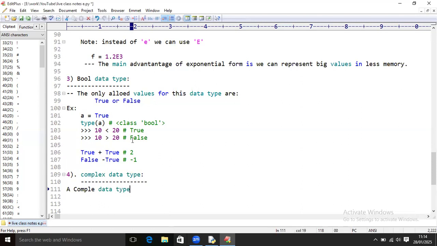A complex data type is the form of what we have specified, a equal to 4 plus 5j. We had given it like that only, right?